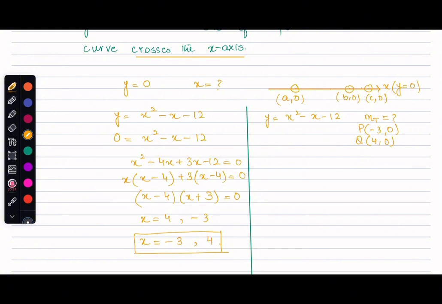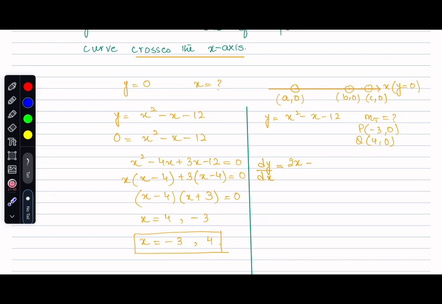To find that, the first thing is to have the gradient of the tangent, and to have the gradient of the tangent I should be having my first derivative dy by dx, as dy by dx is actually the gradient equation. So the gradient equation with respect to x squared minus x minus 12 shall be 2 times 1, which gives me a 2, and this 2 gets reduced by 1, 2 minus 1, which shall give me a 1 here. So I can say it's 2x minus, now x has a power of 1, so 1 gets multiplied with this 1 here.